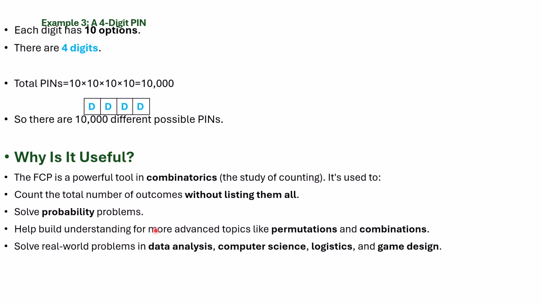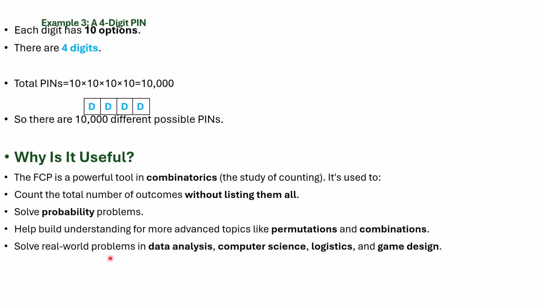Also it helps us build more understanding towards topics like permutations and combinations. Permutations, you know, when us that love soccer watch the permutations of the World Cup, which team is going to go through to quarterfinals, semifinals, etc., based on whatever theories all of us have in our heads.